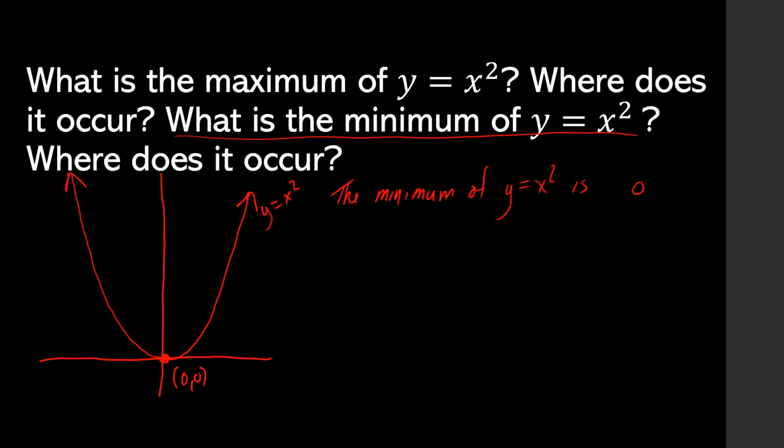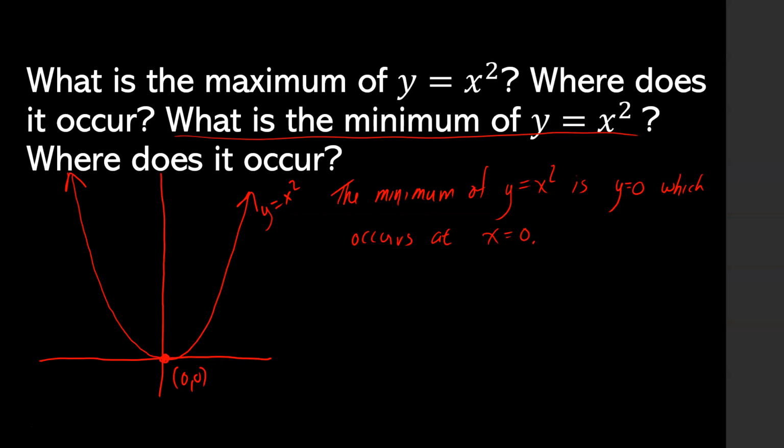Well, a minimum is the smallest y value that a function contains. This is y equals 0. So the minimum of x squared is y equals 0, which occurs at x equals 0. Whenever you're given an "at," a place, that's about an input.